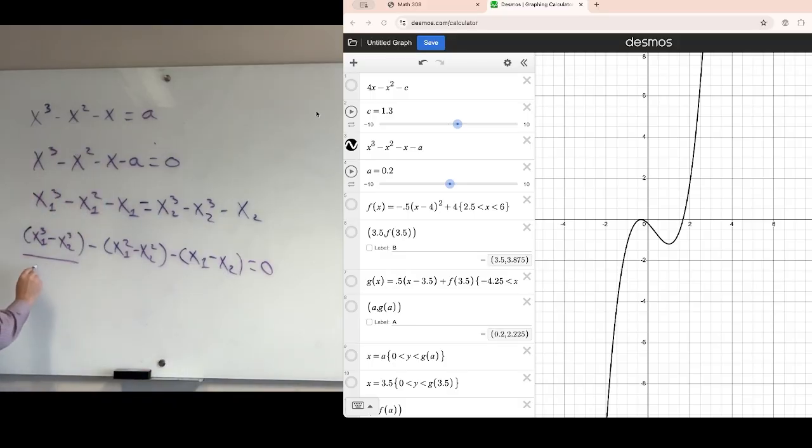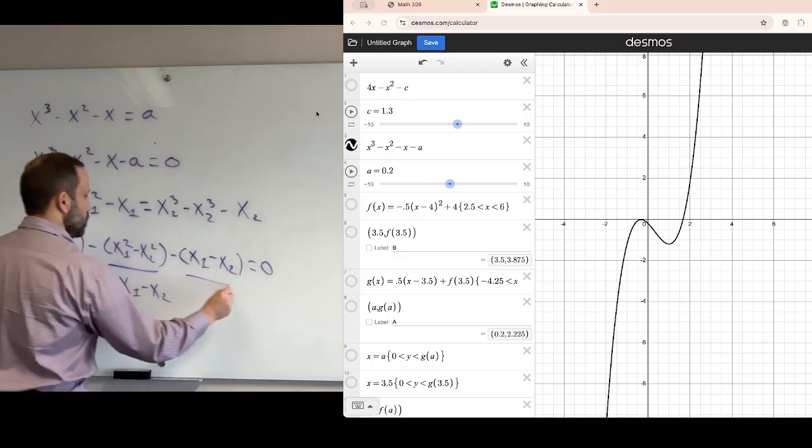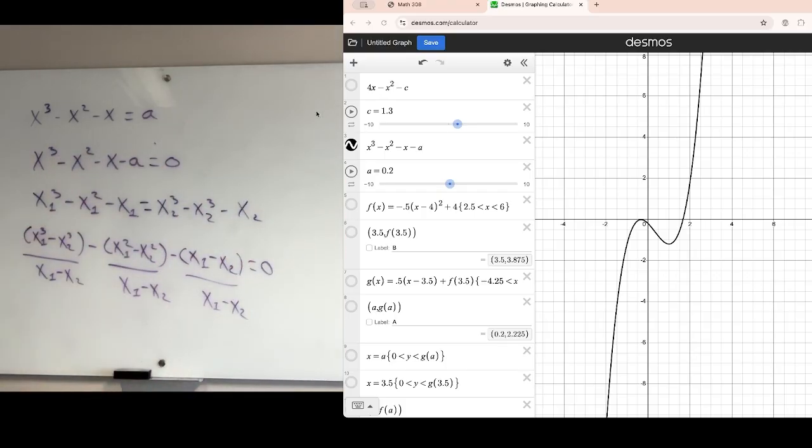And again, just like before, we're going to divide by x1 minus x2. Okay, I want to make sure I say everything that I need to say here.